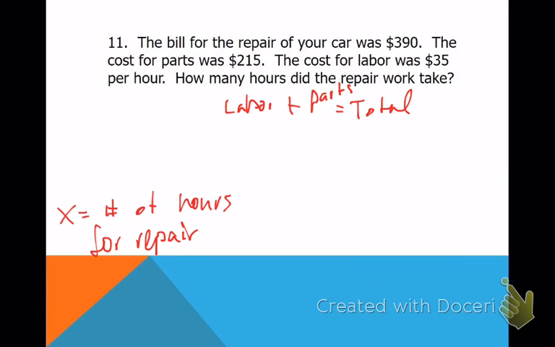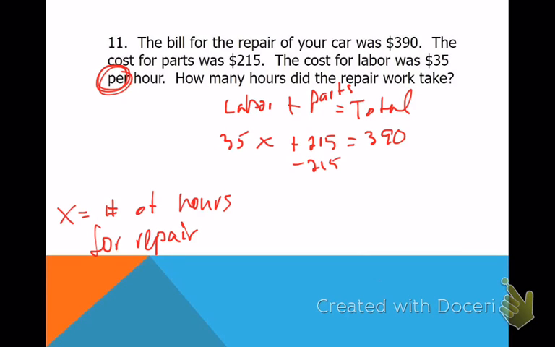So, the parts are $215. The total is $390. Now the labor, the cost for the labor was $35 per hour. And per is your clue to multiply. So 35x plus 215 equals 390. That's the equation you want to go solve.